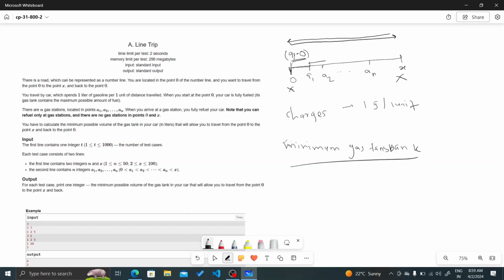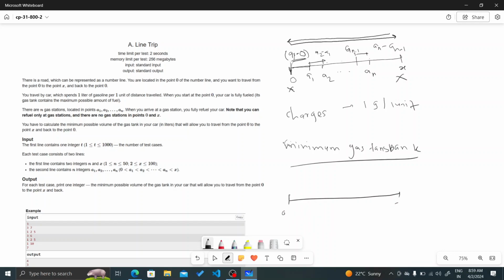From A1 to A2, we should have a fuel tank of size at least A2 minus A1, and so on till AN. From traveling from AN minus 1 to AN, we should have a tank of at least size AN minus AN minus 1.